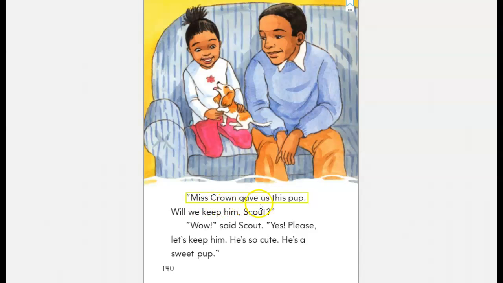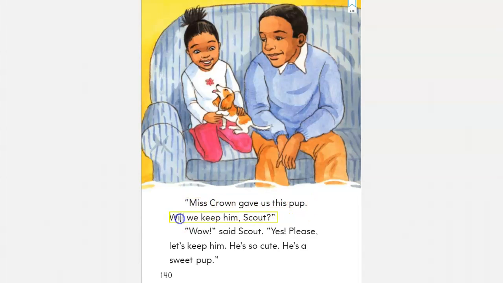Miss Crown gave us this pup. Will we keep him, Scout? Wow, said Scout. Yes, please, let's keep him. He is so cute. He's a sweet pup.